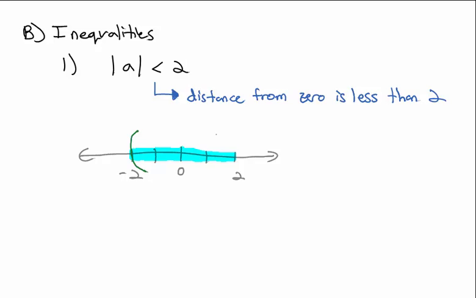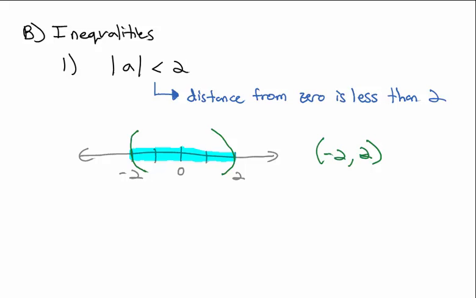So we're going to be actually between negative 2 and 2. In interval notation, negative 2 through positive 2.